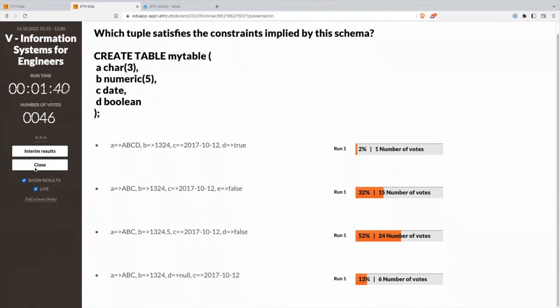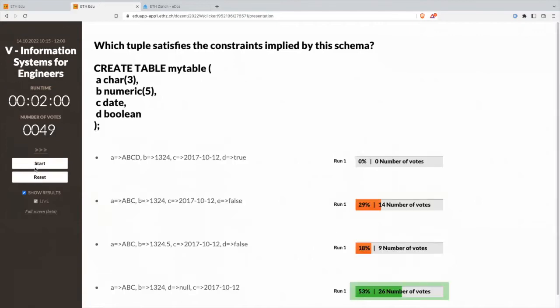But you have one chance to change your answer. A few more seconds. Yes, continue. Okay. You're awesome. This is the correct answer.